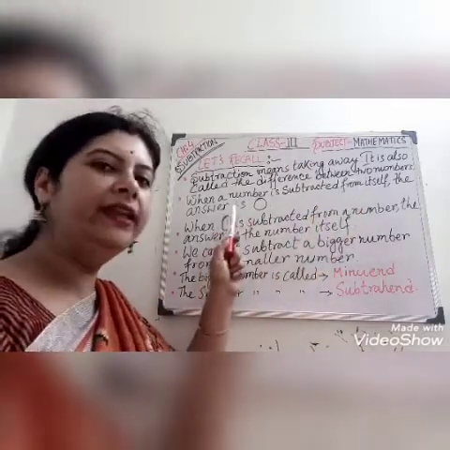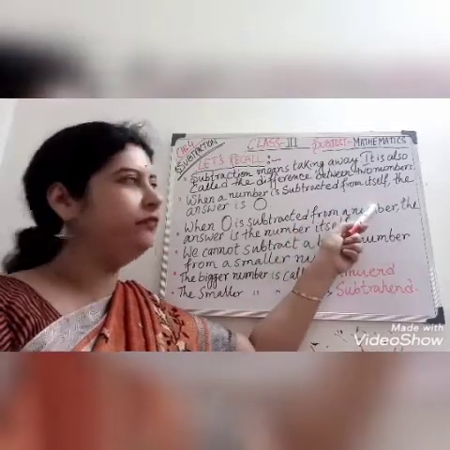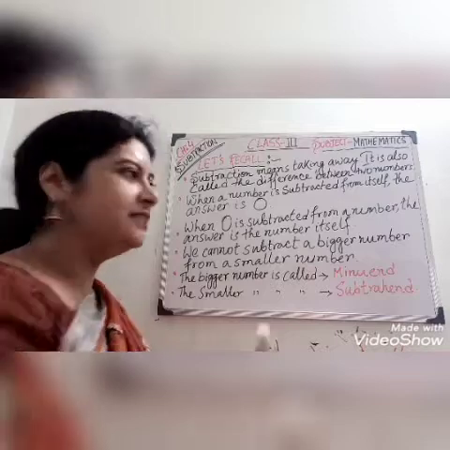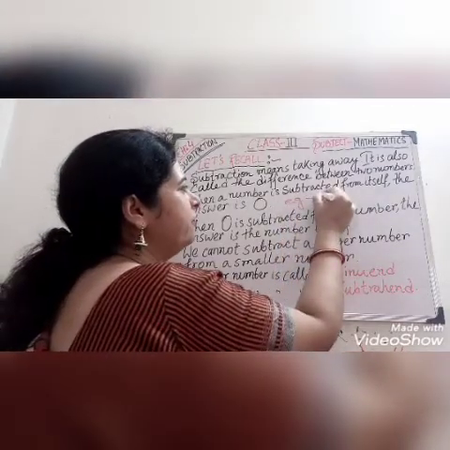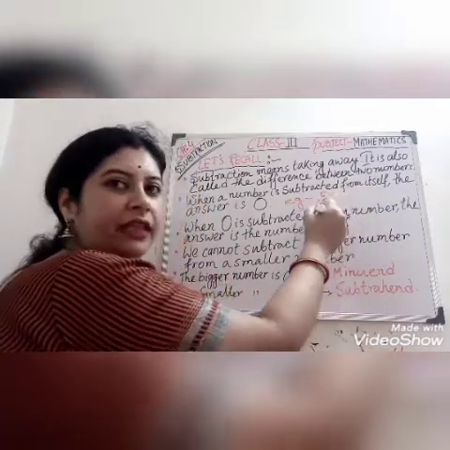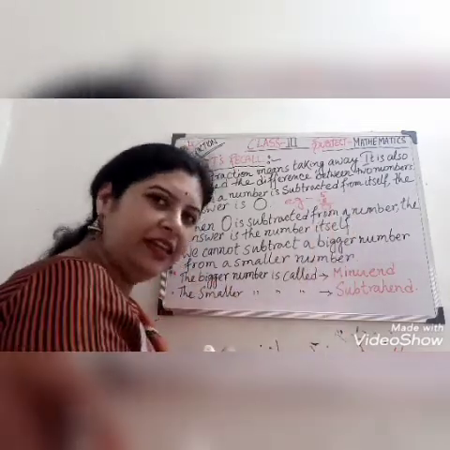Next, when a number is subtracted from itself, the answer is 0. Take an example, like if you subtract 5 from 5, then what will you get? You will get 0. Clear?